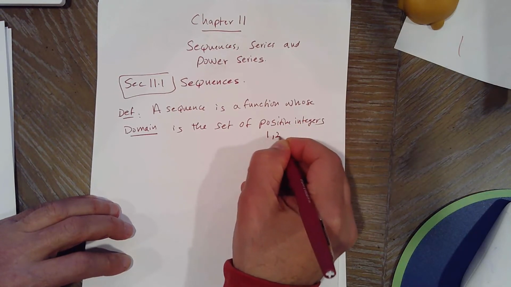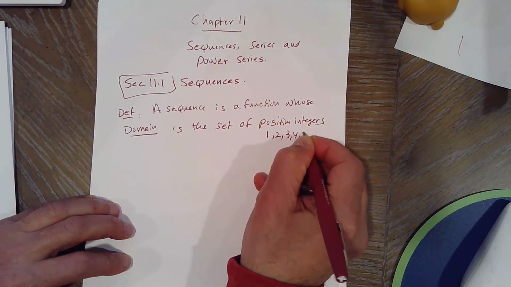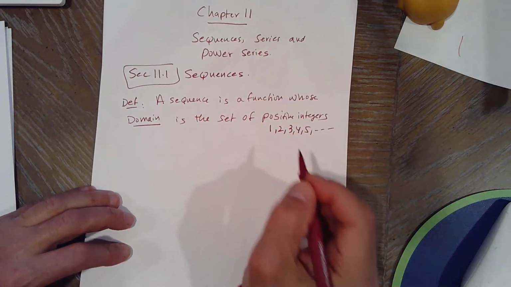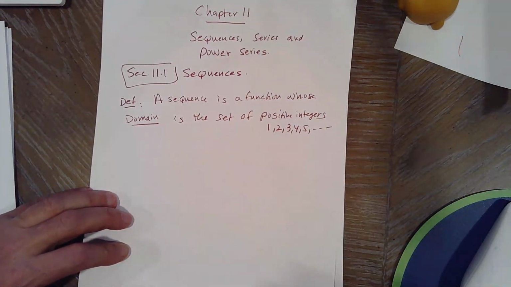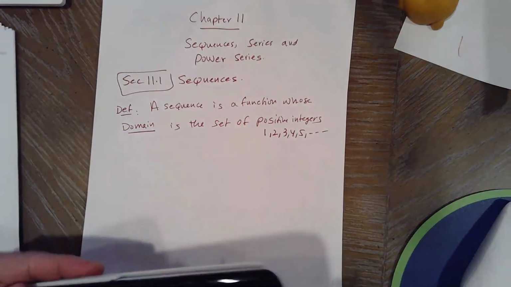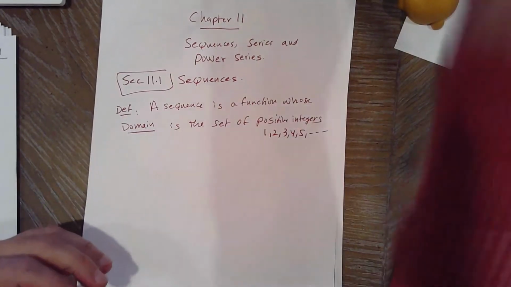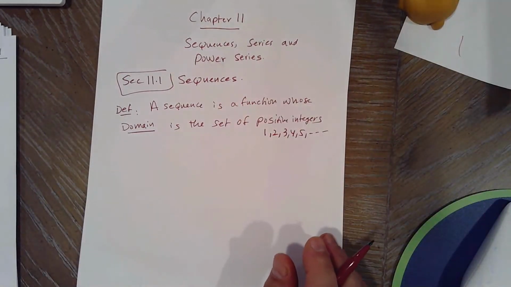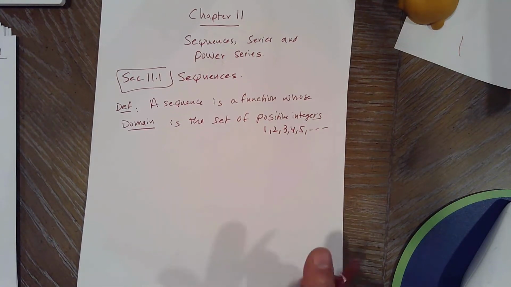So basically the domain is 1, 2, 3, 4, 5, and so on. So that's what makes a function a sequence, if its domain is the set of all positive integers.